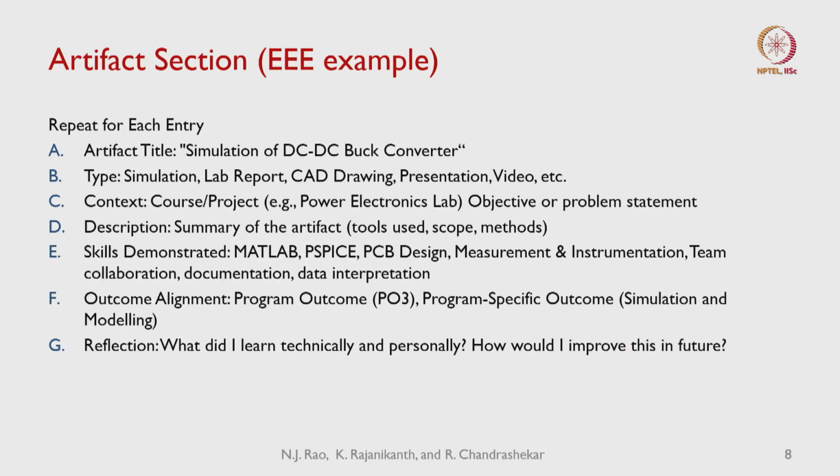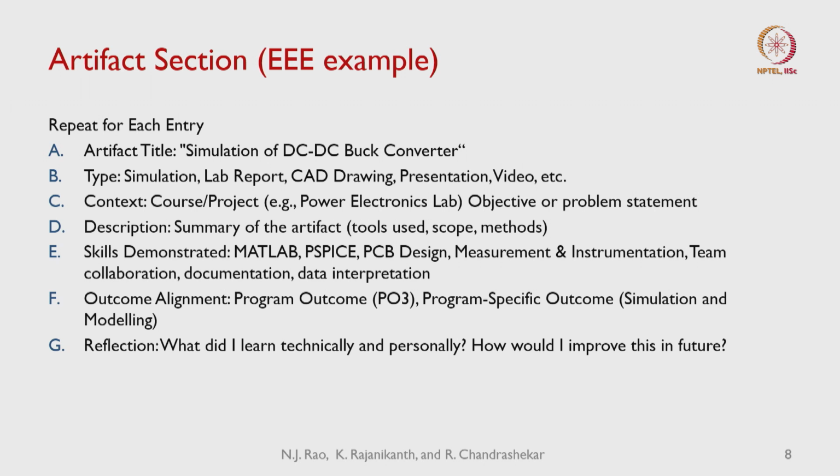Now, each artifact, each entry, you have to have this structure. Artifact title, like for example, simulation of DC-DC buck converter. Okay, that is one artifact that I am including in my ePortfolio.